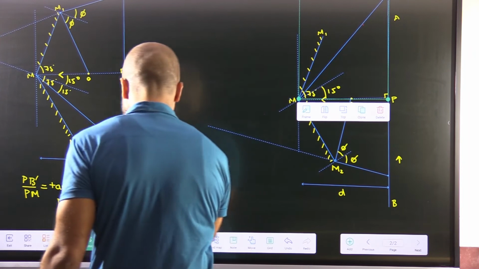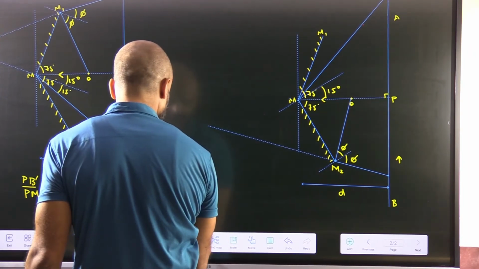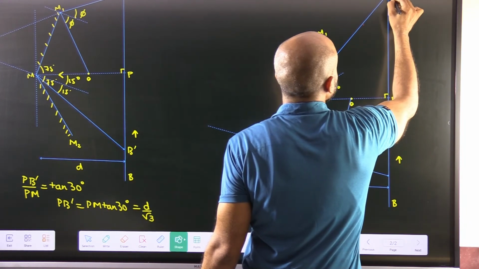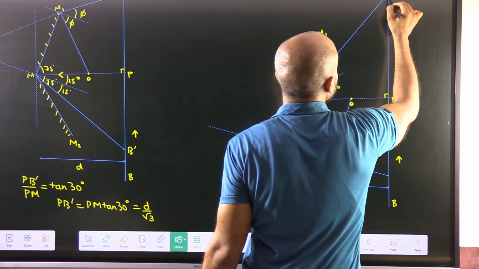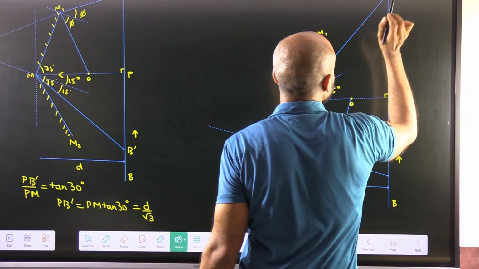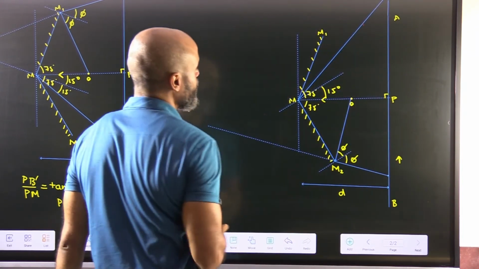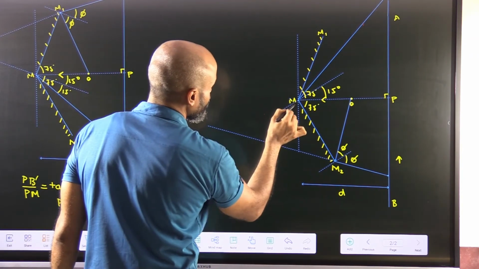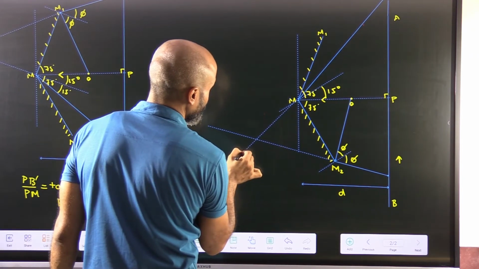Yes, now it seems to be a little more, 15 degrees. Okay, so it is meeting somewhere here, and we have, let's say, a ray of light coming here.